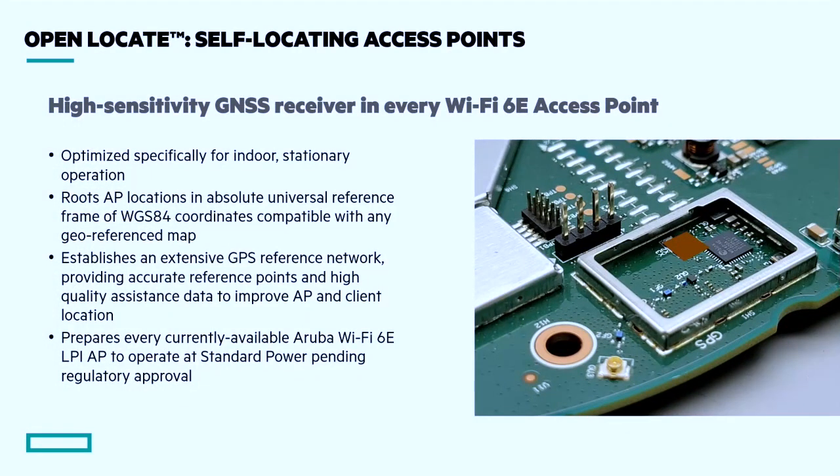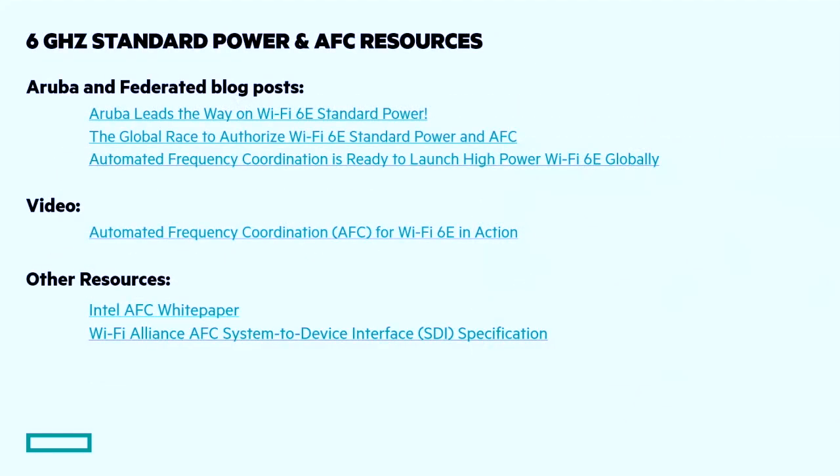GPS is the most obvious thing to do that. I think every vendor will work things out there for their outdoor APs in 6 gigahertz. Aruba, my company, wraps this into the Open Locate framework, which does a whole lot of other stuff too. But you need to get a location out of the AP somehow.